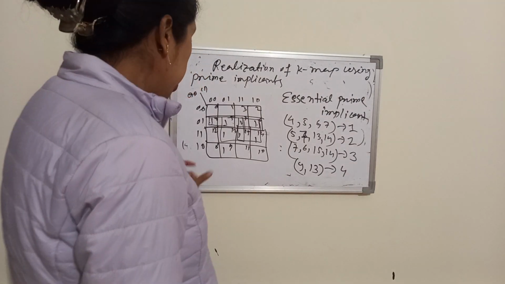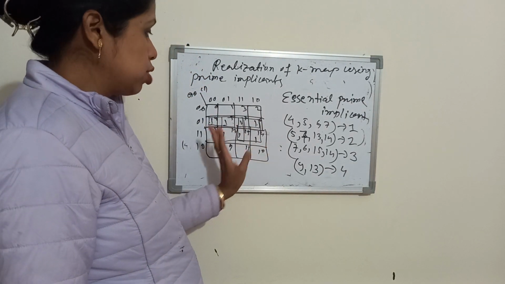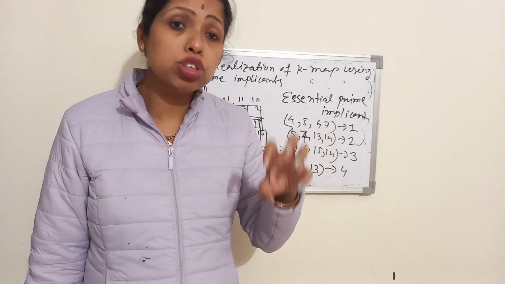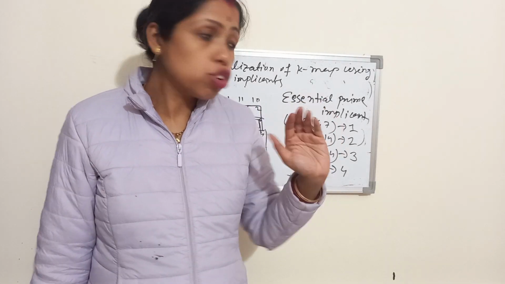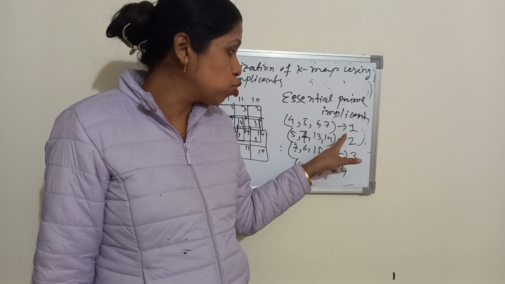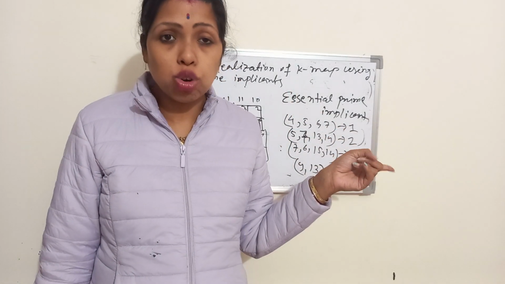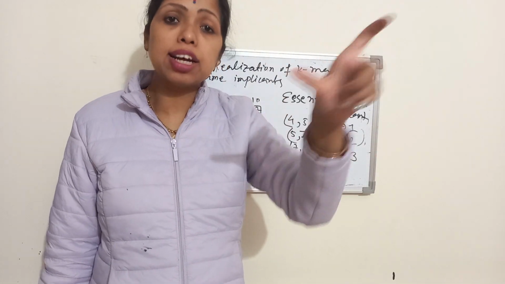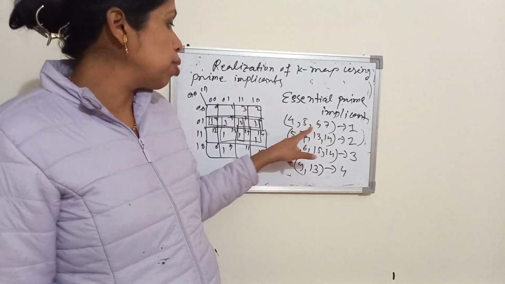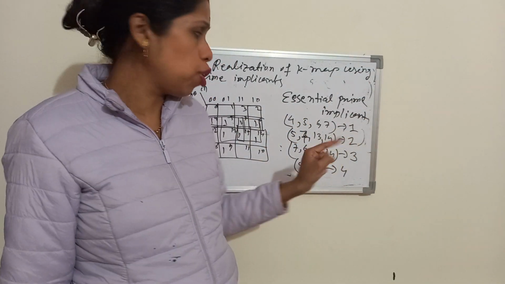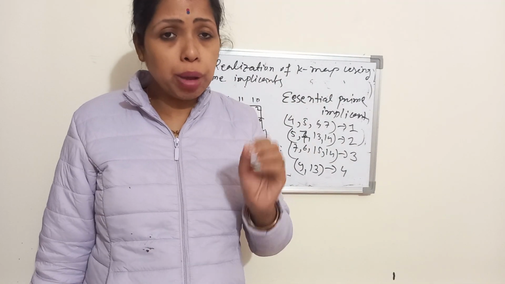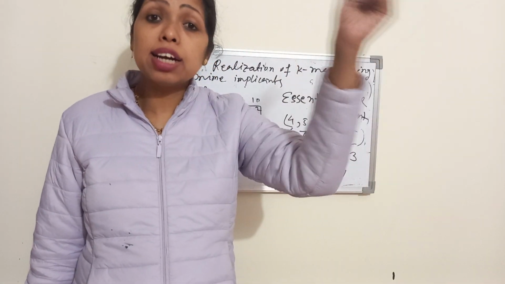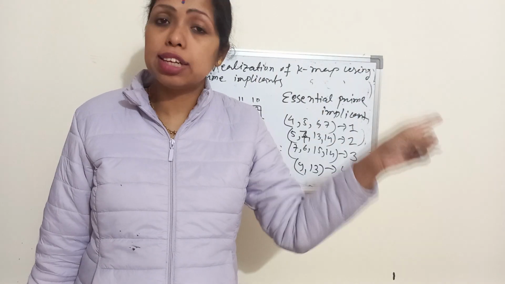Essential prime implicants are those prime implicants where, if I consider one group, I have to check that the cells in this group are not all included in other groups. 4 may be included in another group, or 5 individually may be, but all the cells should not be included in other groups.